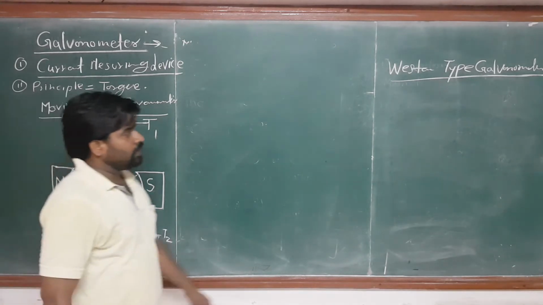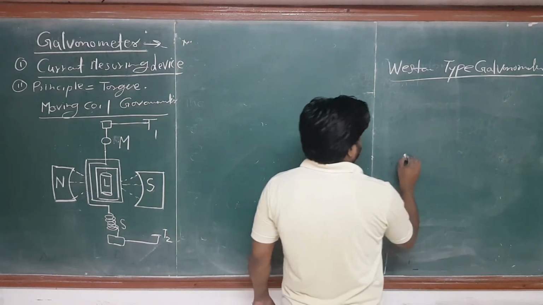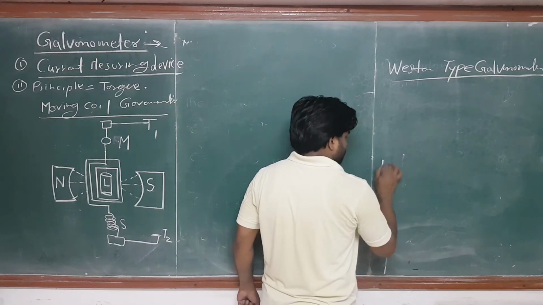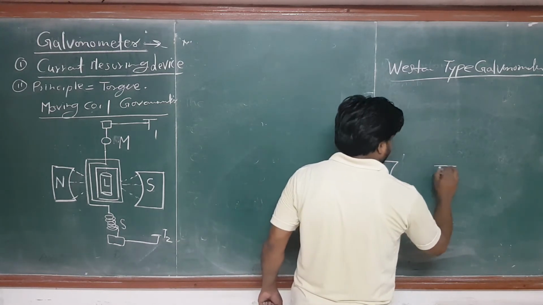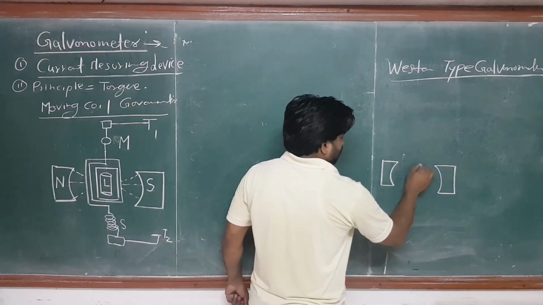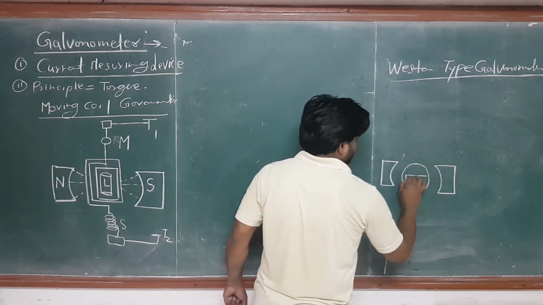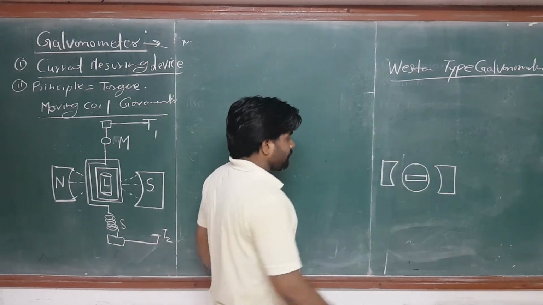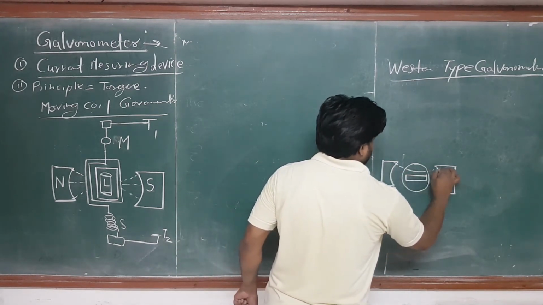Coming to the Western type galvanometer. A Western type of galvanometer has the same property, but in a different manner. It's called the radial magnetic field. Right? A circular coil is kept inside it. A circular coil, and this is called its core. And the radial magnetic field gets inside and becomes like this.